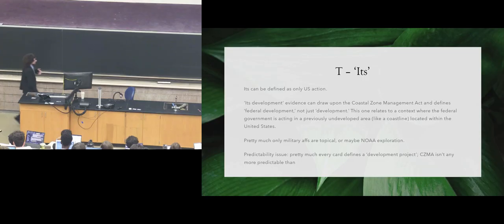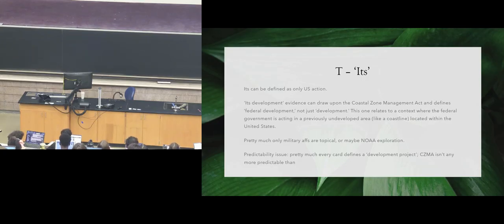There is stuff that defends, for example, what is federal development in the Arctic, what is federal exploration in the Arctic, but again, this kind of exact phrasing we have in the resolution is not mapped perfectly onto any of the definitions. So the biggest sources of terms that define federal development come from the Coastal Zone Management Act, or the CZMA.